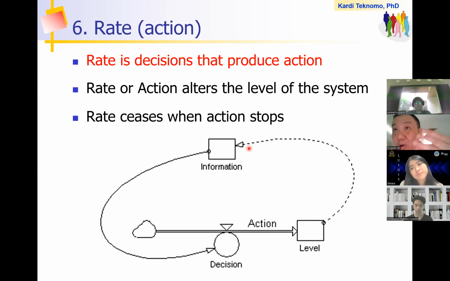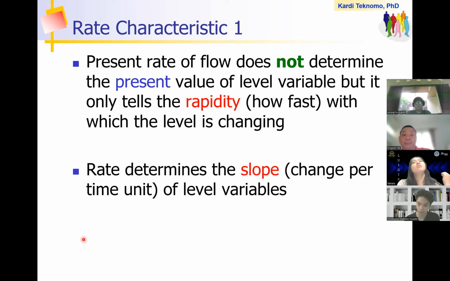So when you don't have any activities, then there is no rate. There is no change. When there is no decision, there is no action, there is no change. So when we say change, it is always caused by the decision, by the action. So this is the characteristic of rate.